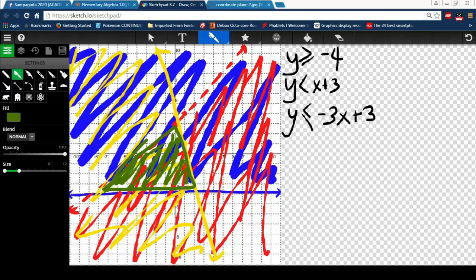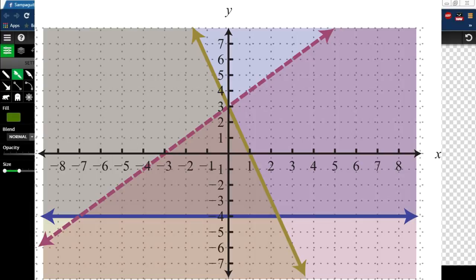So the graph suggests that (-1, 1) is a common point. As a check, substitute that point into all the inequalities, and it actually does verify that it solves all three conditions. So that is the graph of the intersection of all three inequalities.